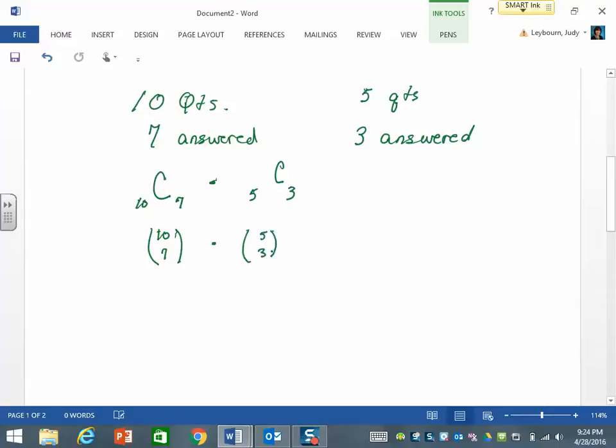Well, if I have 10 problems and I'm choosing 7 of those, then it means I'm not choosing 3 of them. And so that would be the same as saying 10 choose 3, times again the 5 choose 3, or using the binomial coefficient notation.